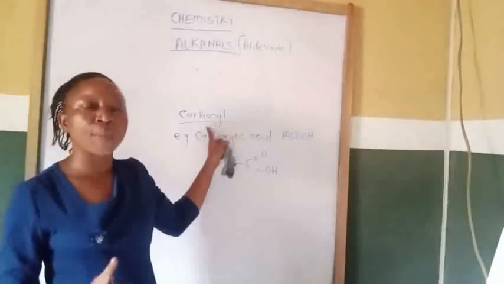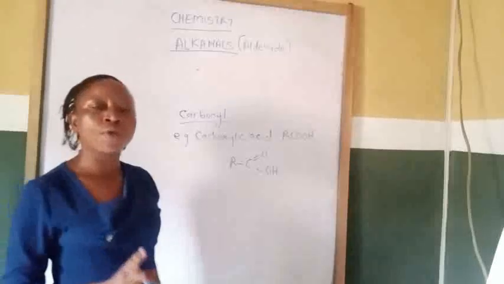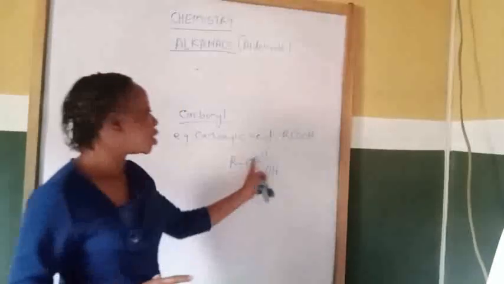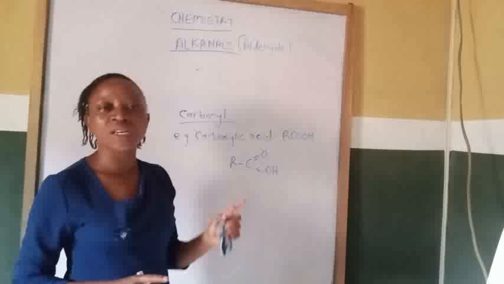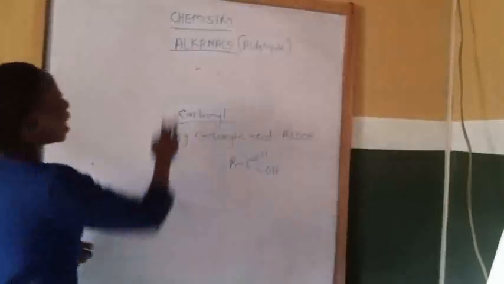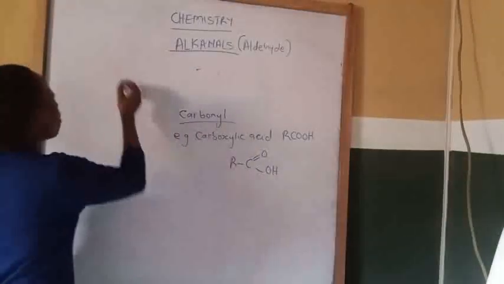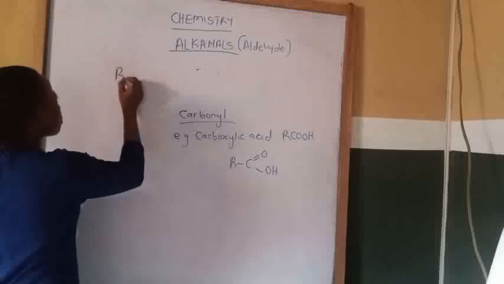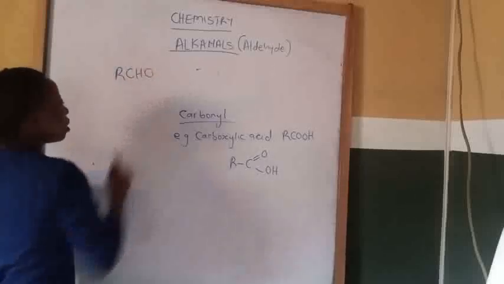So any organic compound in which the carbon atom from the functional group is double bonded with oxygen is a carbonyl compound. Alkanal has a general formula of RCHO.